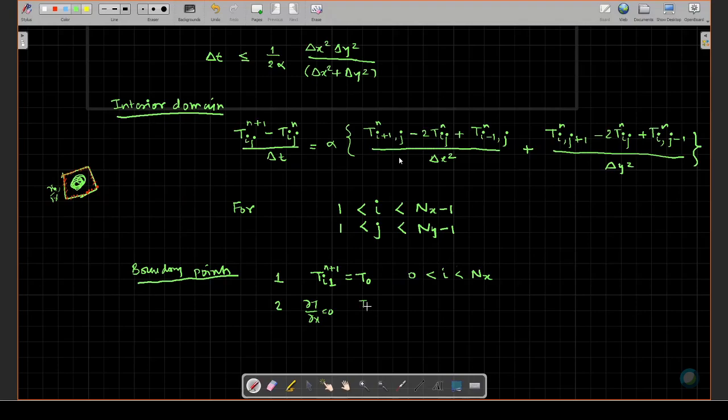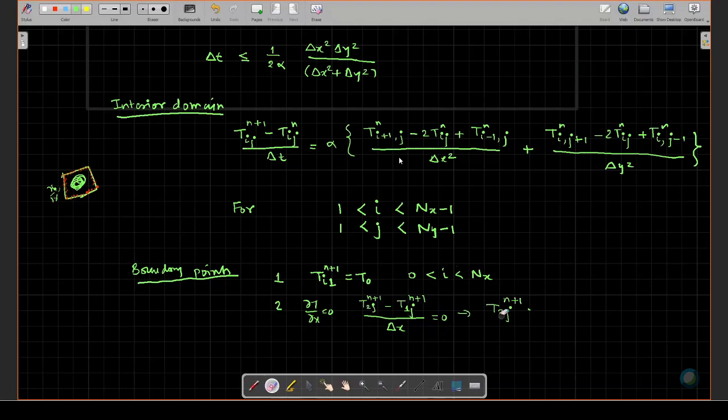So the second point will be there, T 2j at n plus 1, minus T 1j at n plus 1, divided by delta x is equal to 0, which also means that T1j is equal to T2j.